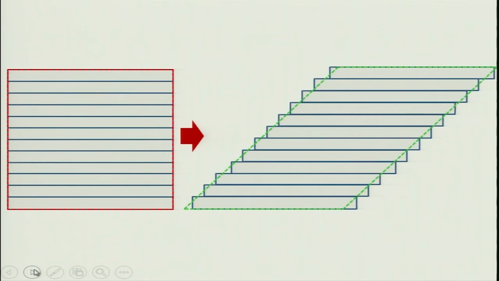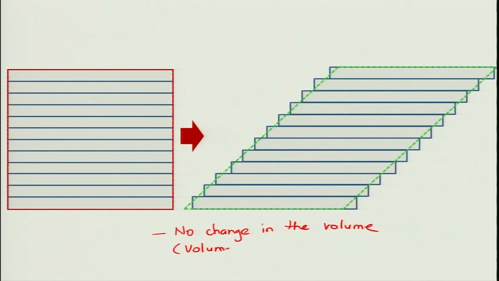So, a perfect crystal when deformed by motion of dislocation in the successive planes leads to the creation of these steps, and you can see that it creates a deformation. What happens here basically is there is no change in the volume. Volume remains constant. So, the constancy of volume has to be followed.